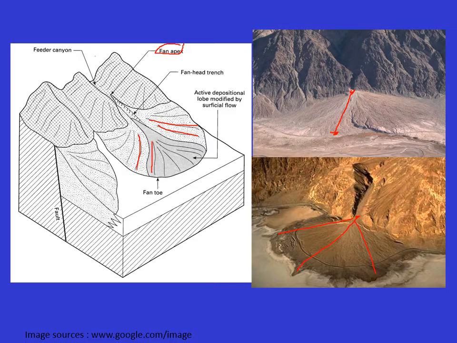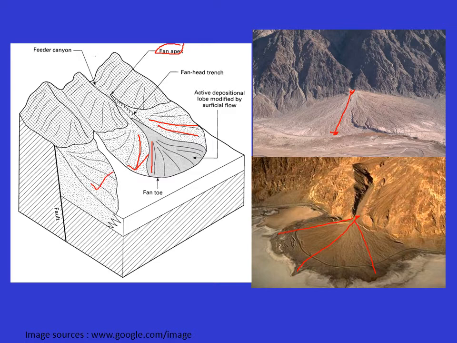Now, generally, the nature of sediments within the alluvial fans, as I already told you, they are mainly gravel-sized particles and poorly sorted, and also they have very low roundness, low sphericity. So mostly they are angular. Now, whenever successive alluvial fans on different slopes club with each other, here in this picture you can see this one is one alluvial fan, and at the side this one is another alluvial fan.